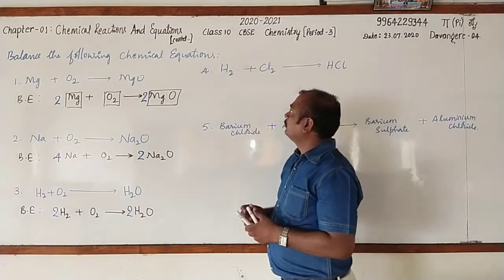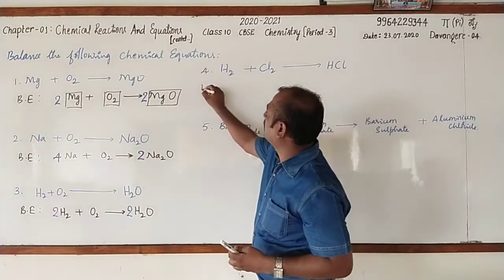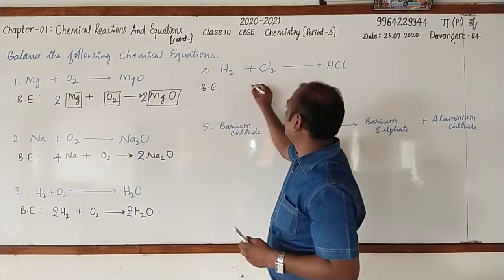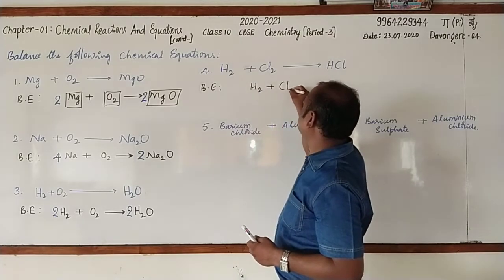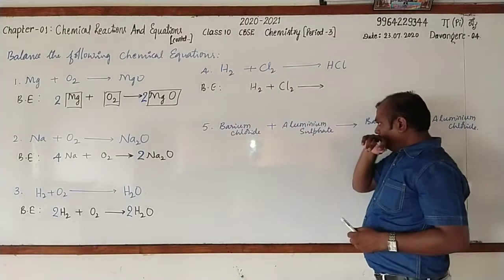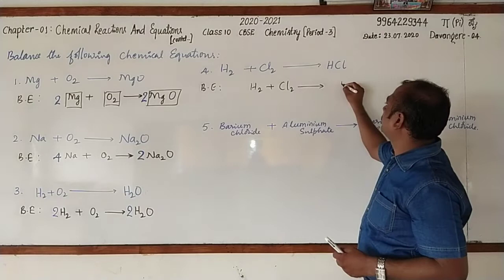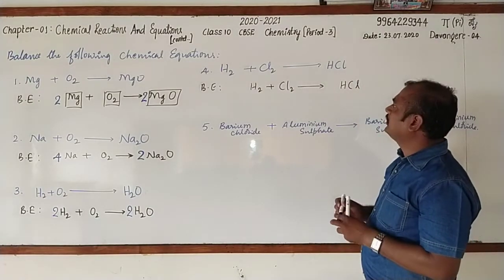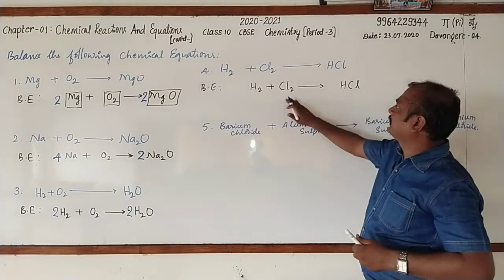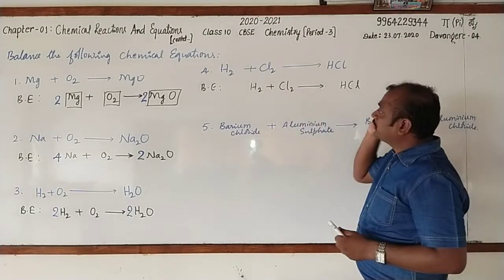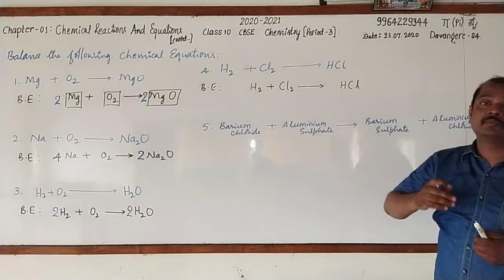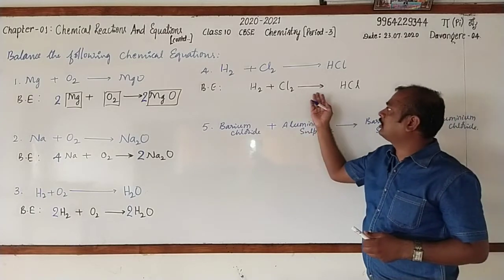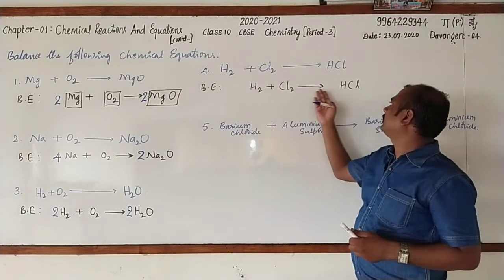Next, we will move on to the fourth one. Observe this. Hydrogen reacts with chlorine to form hydrogen chloride. Then, how do you go for balancing? Here, which one has the maximum number of atoms? All. See that? Here 2, here 2, here 2.